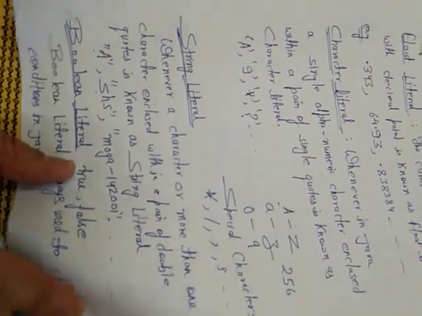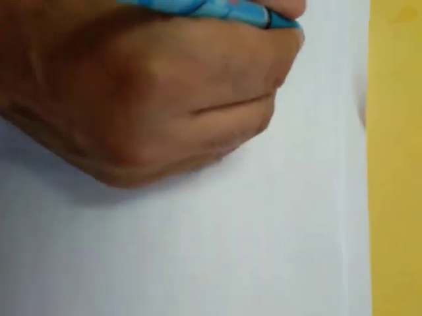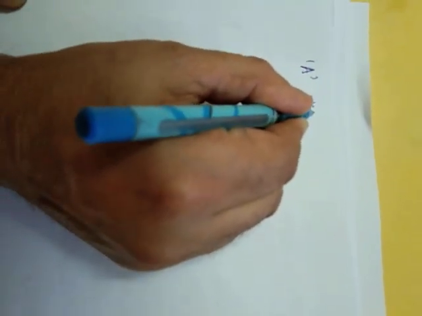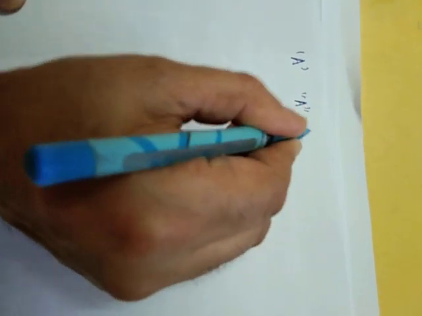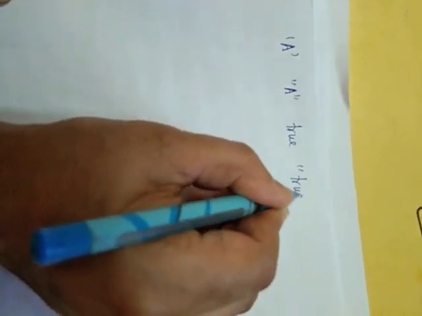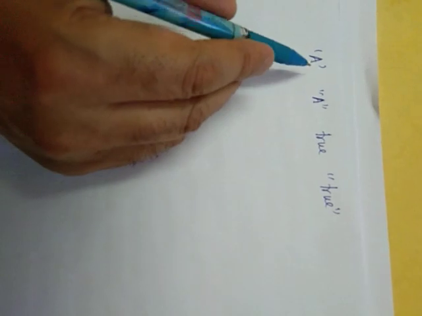So here I will discuss some board questions with you. Very simple examples I will discuss with you. In the board exam they will give you: identify the literal. They will give like this: 'A', "A", true, "true", and they will ask what is the difference between all the literals and what are the types of literal.